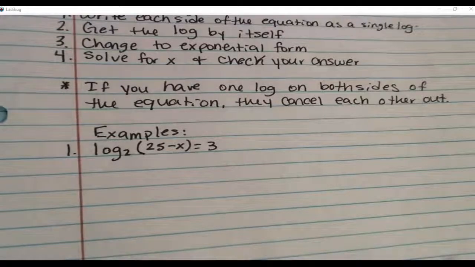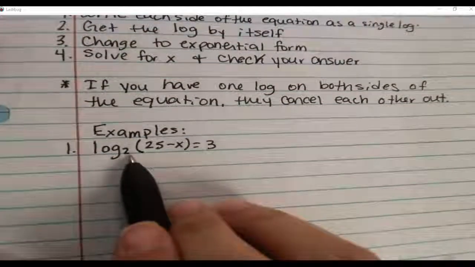So, do I just have one log on both sides? Or just one log in general? Yes. Okay. Is the log by itself? Yep. So, everything that's over here is the log and what's inside the log. So, then the next thing we do is we make it exponential form.